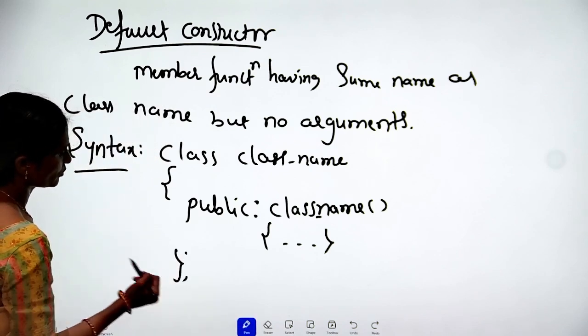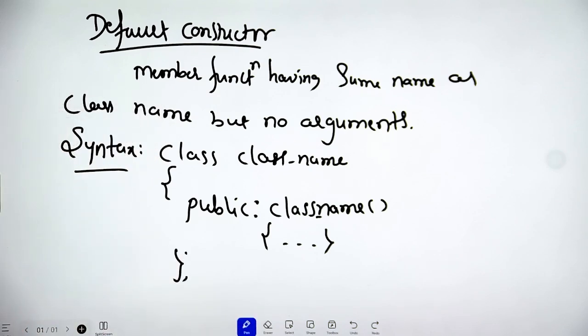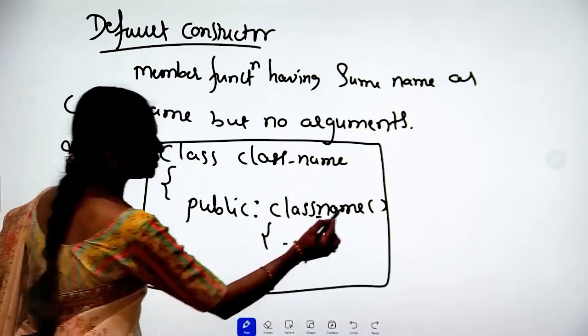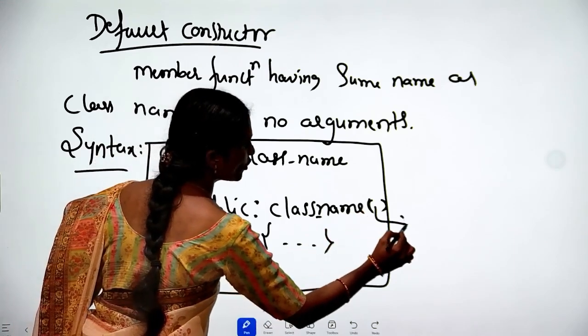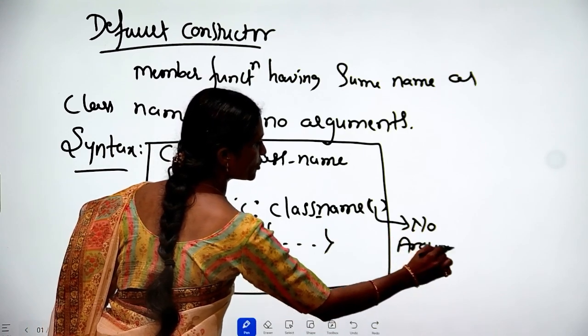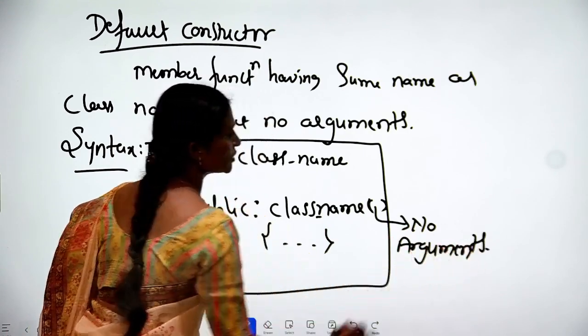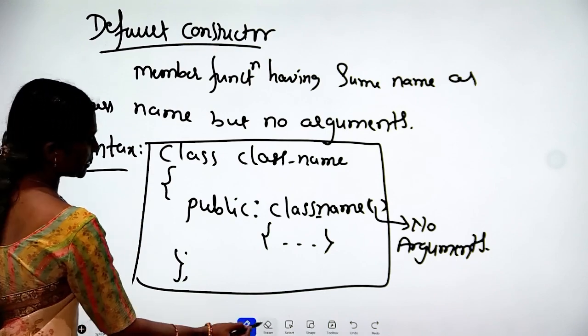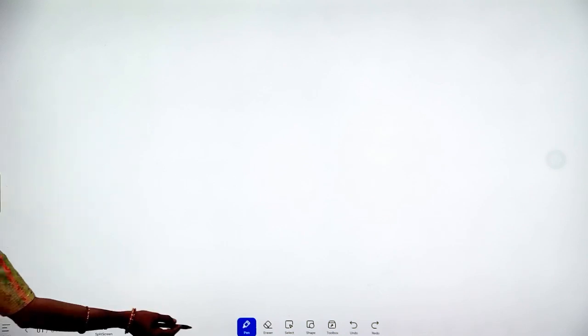So this is the syntax for the default constructor. Why is it default? Because here we have no arguments. We don't have any arguments in the default constructor. So let's take an example so that we can understand this.